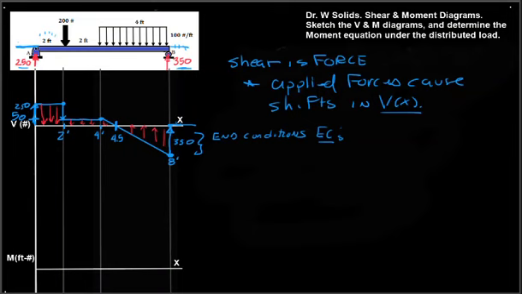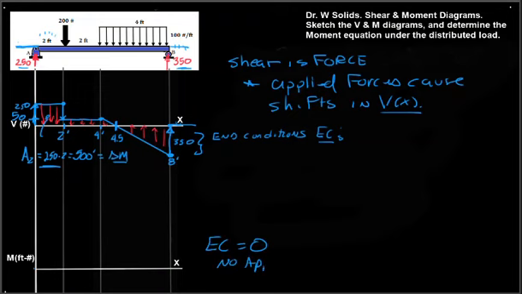Now continuing with our area slope method, the area here, which I'll call area 2, is 250 times 2 feet, which is 500 foot-pounds. And that's equal to delta M for that same region. So again, end conditions are 0.